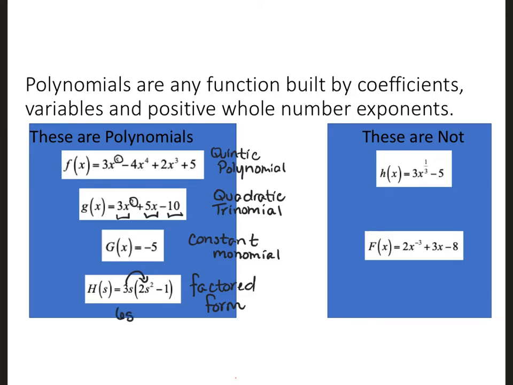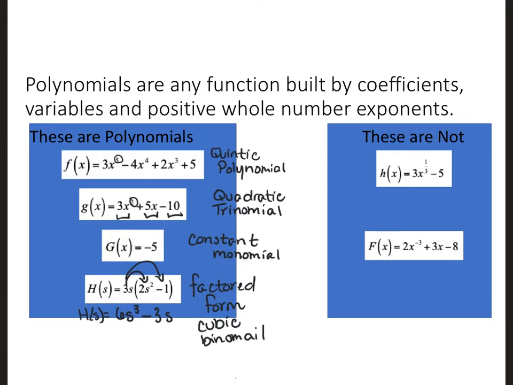So I'd get 6s to the 3rd power minus 3s. And I could call this a cubic. Because it only has 2 terms, I could call this a cubic binomial. So all of these are polynomials you've seen before, just understanding what polynomials are.